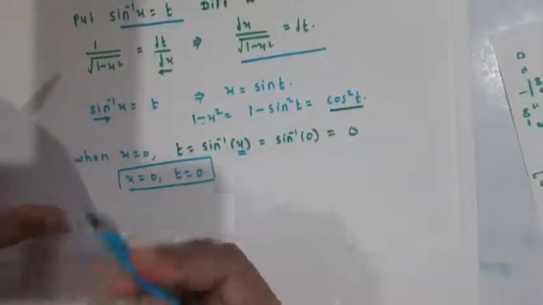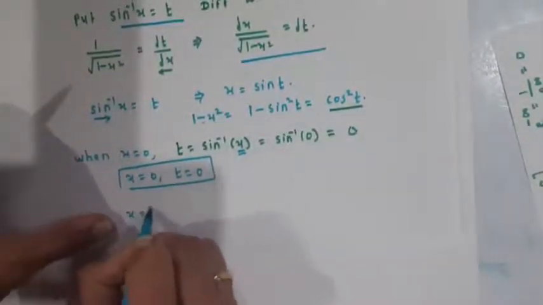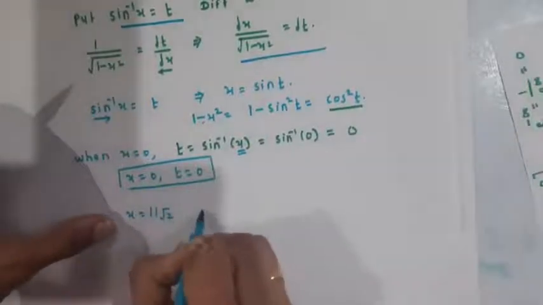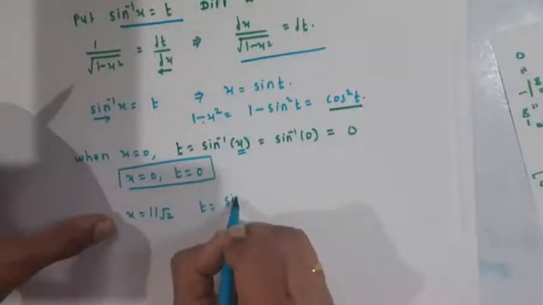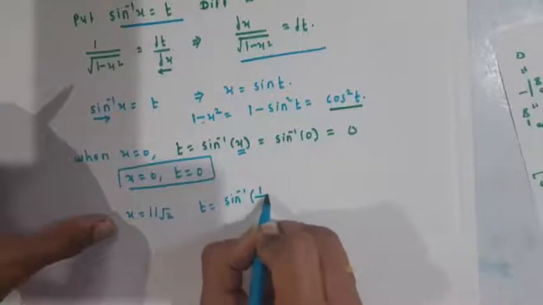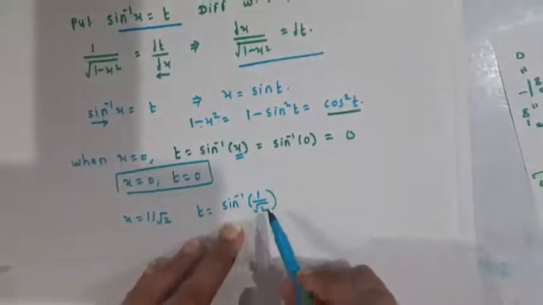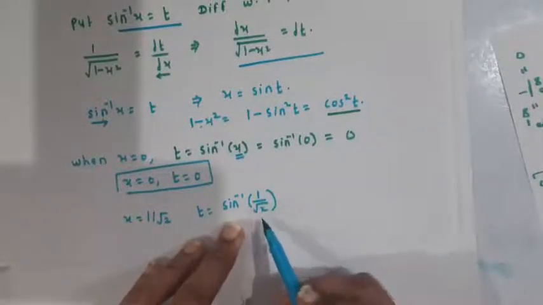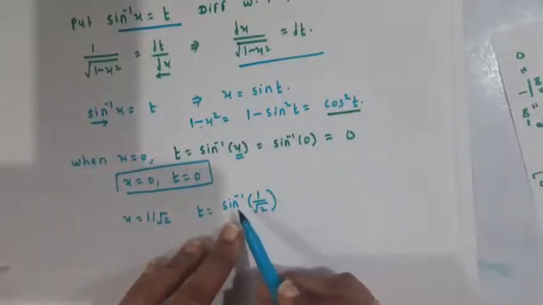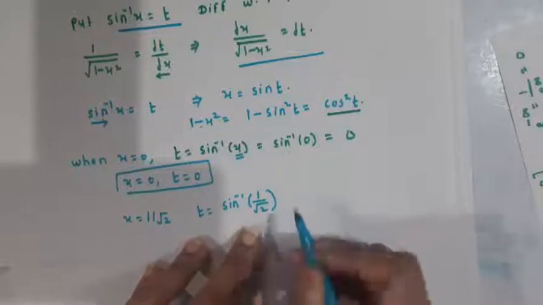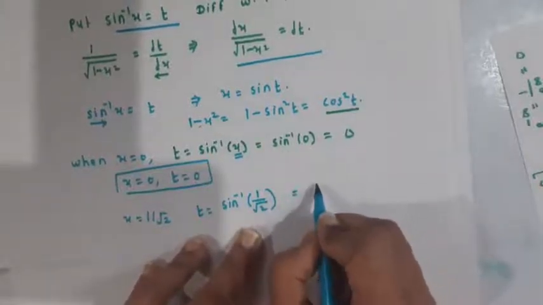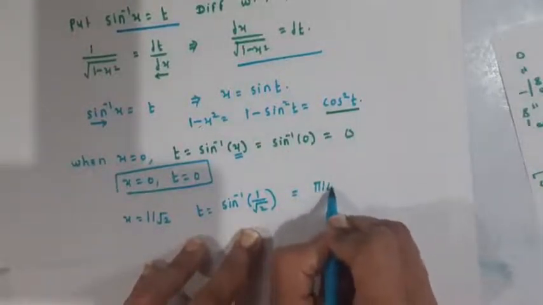Now when x equals the upper limit 1 upon root 2, t equals sine inverse of 1 upon root 2. You know that sine pi by 4 is 1 upon root 2, and therefore sine inverse of 1 upon root 2 equals pi by 4.